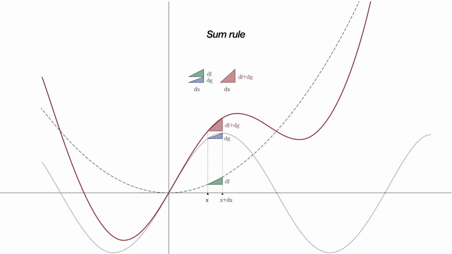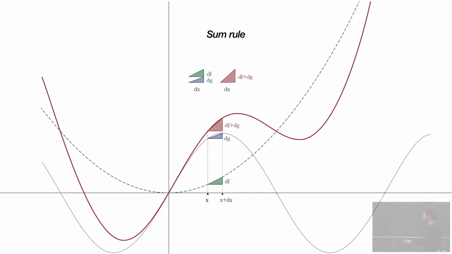You have, again, green and blue, which are two functions that we add into the red one. And as you can see, if you add x plus dx to all of them, because the x is the same for both functions that we add, this means that dx is also the same for both functions that we add. And we can see that we have three triangles, and that the height, or the output of the derivative, will be a sum of the outputs of its constituents.